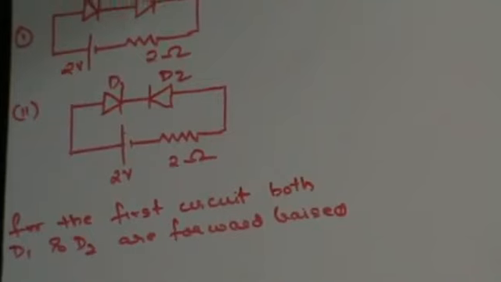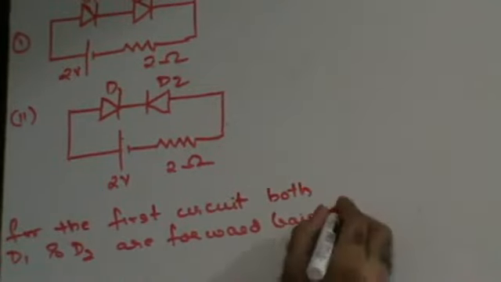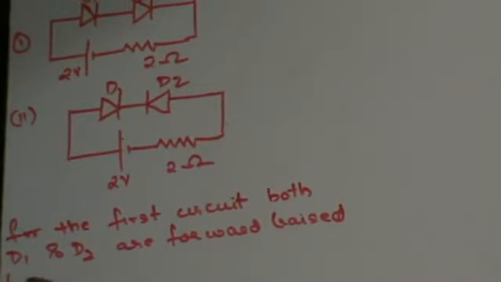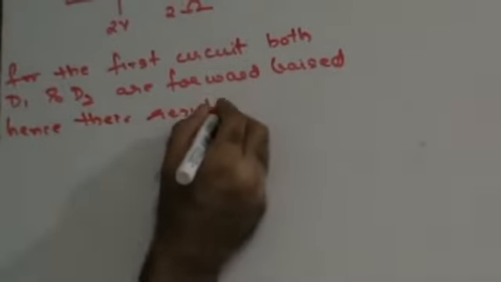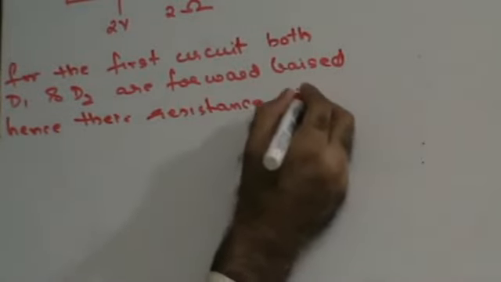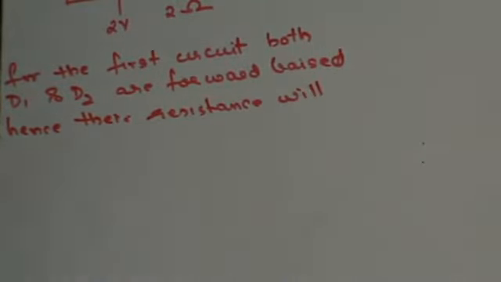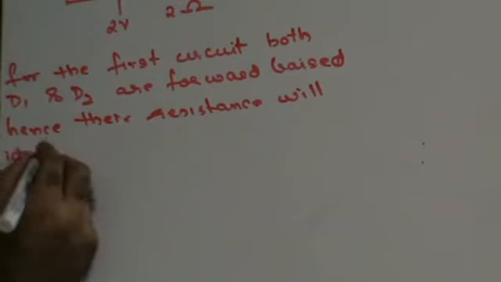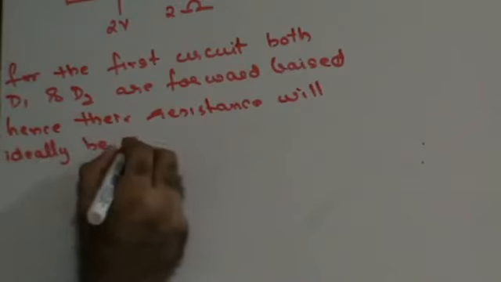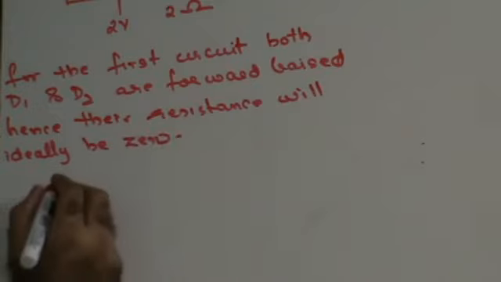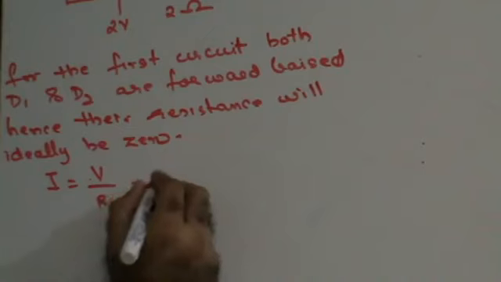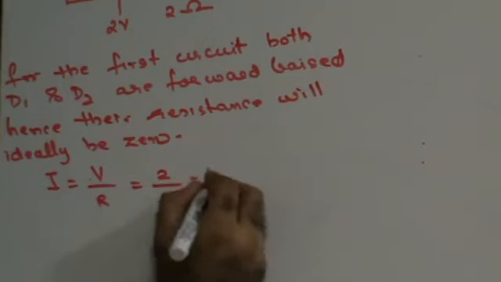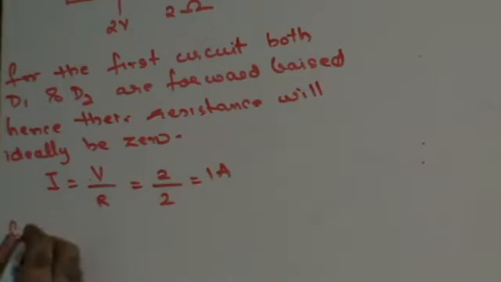Hence, their resistance will ideally be 0. Hence, the current in the circuit will be nothing but V by R, which is 2 by 2, which is 1 amp.